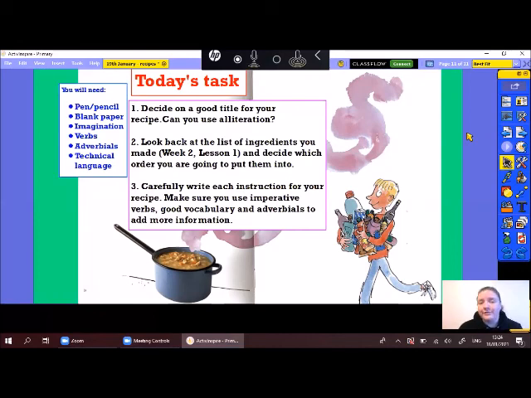Now you've got 3 lessons to do this if you need to, so there is no rush. And today you're just doing your draft version. You're working out what all your sentences are going to be and what order they're going to be put in. Tomorrow we're going to be editing and improving our work before we do our final version, so don't get carried away with decorating today. I hope you enjoy writing your recipe.